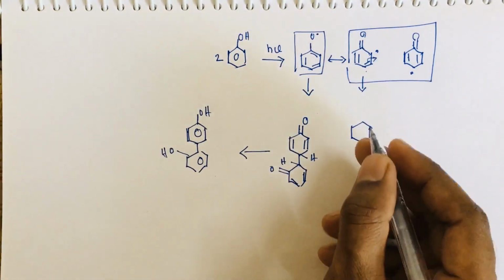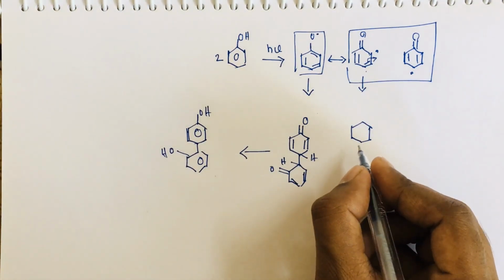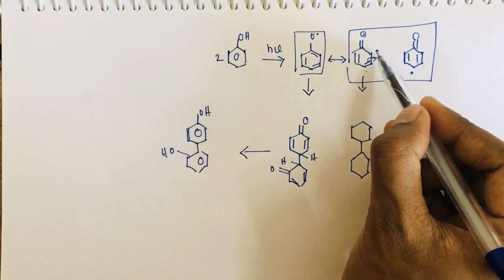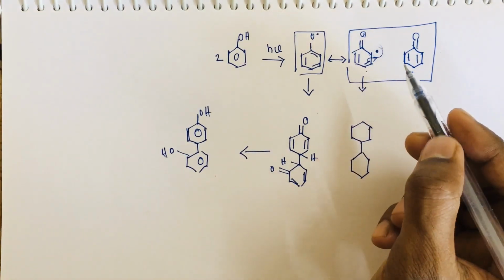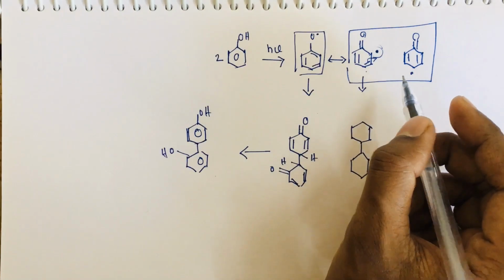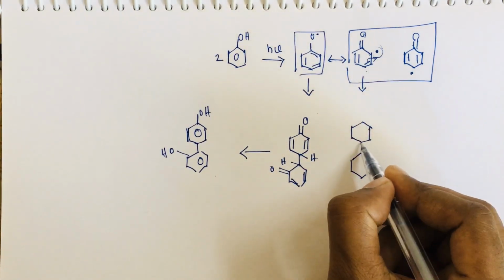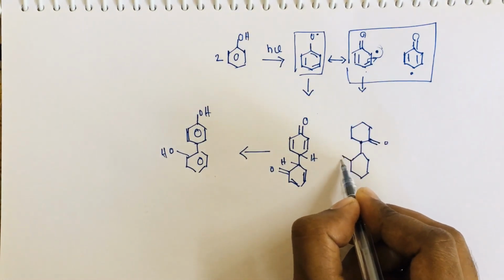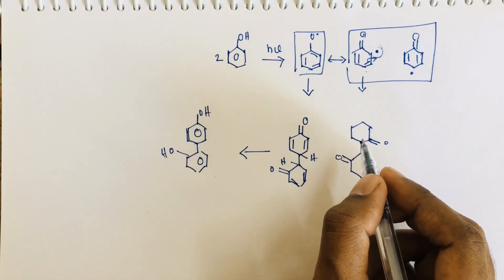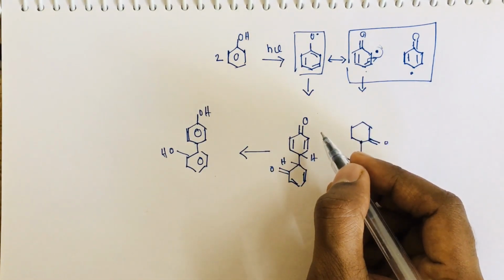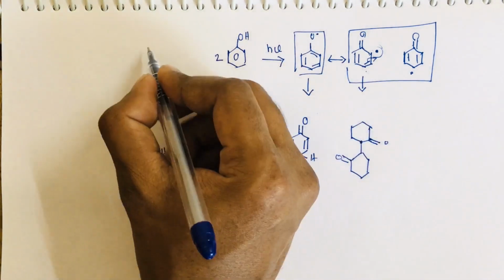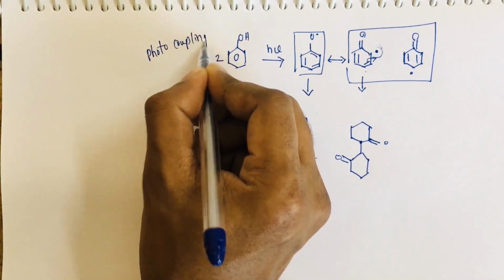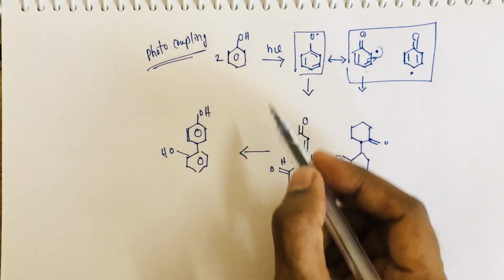And when we are talking about this compound, in this case this radical and another molecule of the same radical. See, here the radical is here and the double bond, the carbonyl, comes here. Sorry, this cannot be oxidative coupling, this is photocoupling. What is photocoupling? Two of the same molecules get coupled to each other.